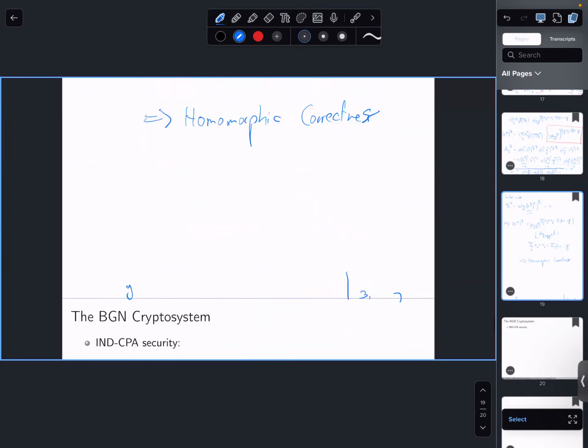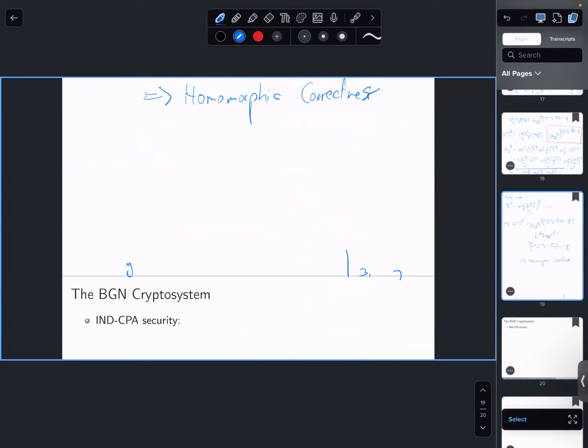Let's do this for concreteness. Let's say the absolute value of all the m_i is smaller or equal than some parameter delta, right?